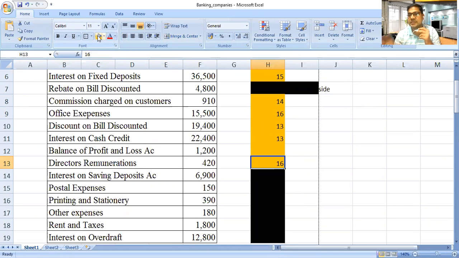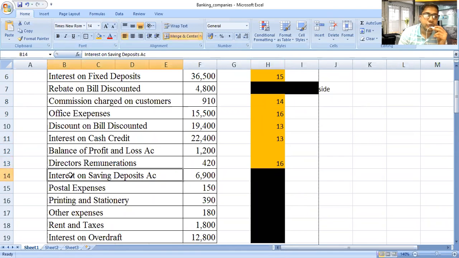Schedule number 16. Interest on saving deposit. Now the customer opens a saving account and deposits money in the saving account, and on this particular saving account the bank gives interest. If the bank gives interest, it is an expenditure.